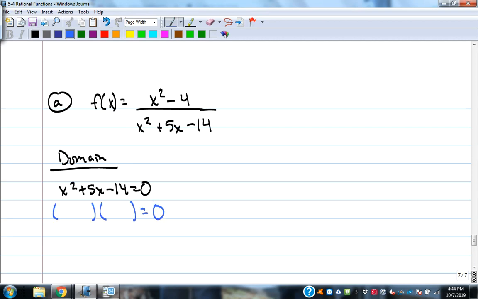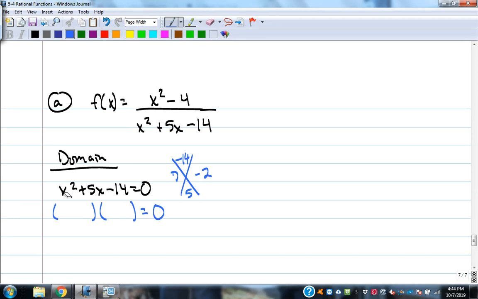What are the factors that multiply to be negative 14 and add to be 5? Good job. 7 and negative 2.